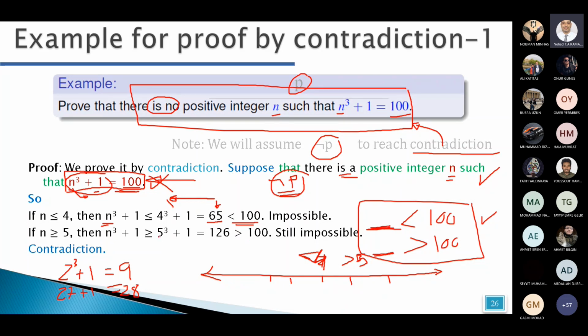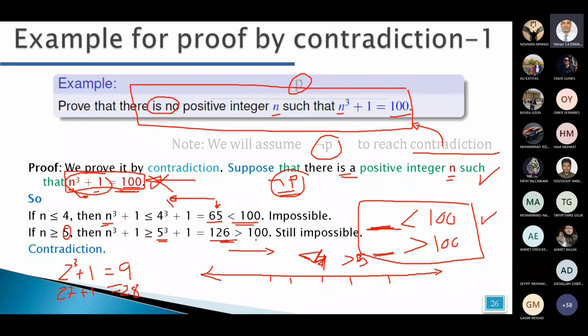Okay, now take 5. Now we will take n more than or equal to 5. 5 will give us 5 to the power 3, 125, plus 1, 126. It's more than 100. So any number more than or equal to 5 will give us a number more than 100. So numbers less than 4 give us a number less than 100.